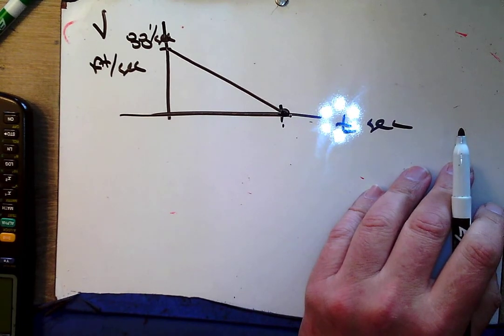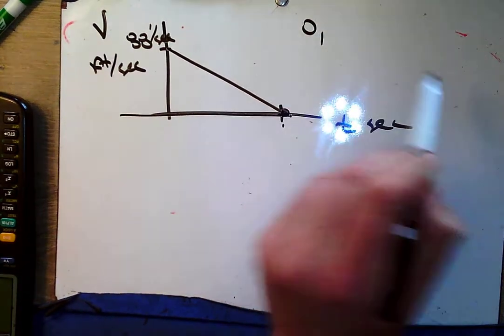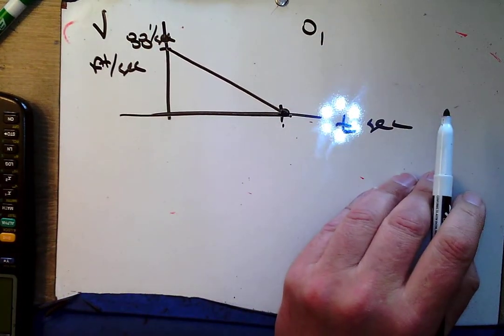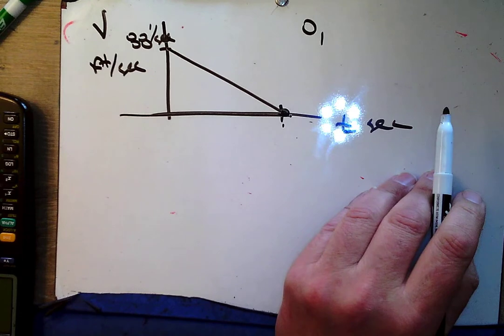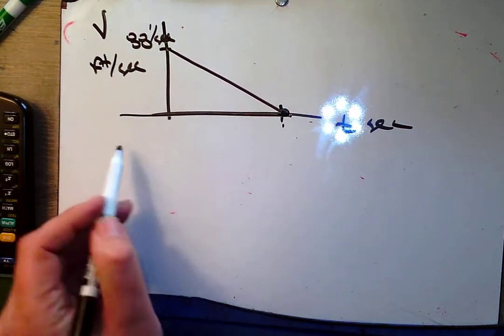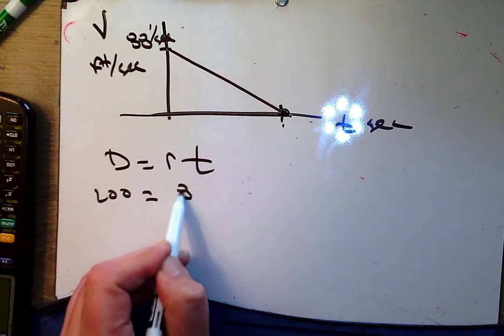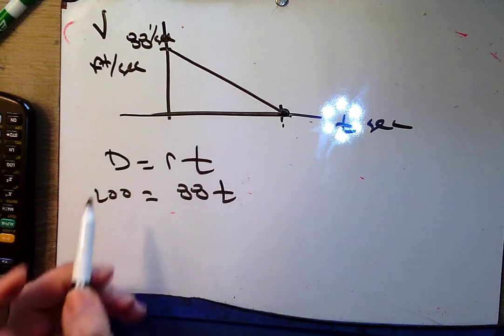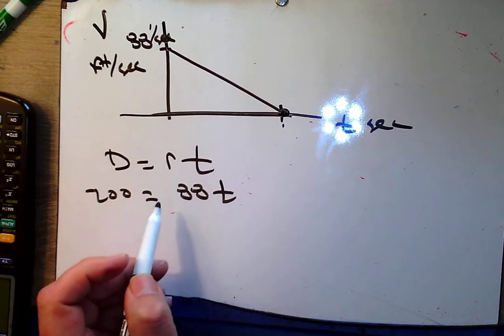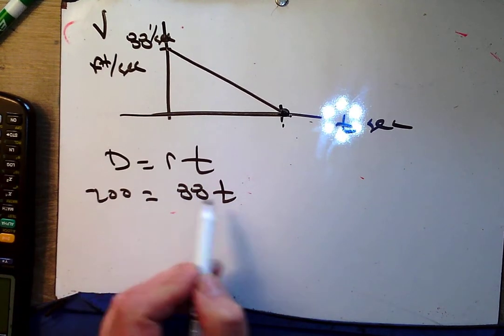Since we have a constant deceleration, there's 0, and stops in a distance of 200 feet. 200, 88, t. Right? Because this is feet per second times seconds.